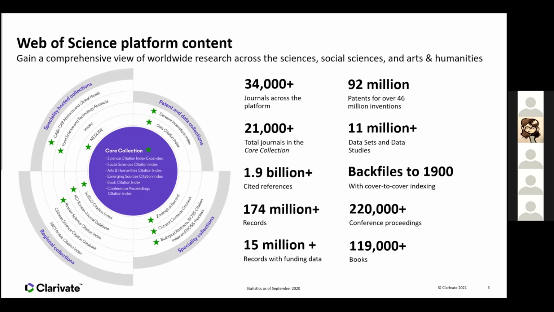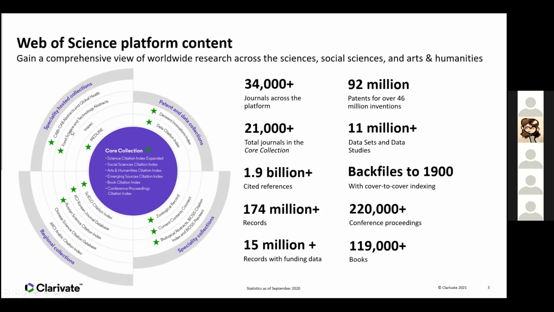We also have some hosted regional citation indexes. We have specialty content such as Zoological Record or BIOSIS Previews, which have some specialty indexing and curation of those records, making discovery of certain biological systems much easier. We also have patent and data collections, so our Derwent Innovations Index and our Data Citation Index. This is where you can find patents and data sets or data studies and link them to literature.